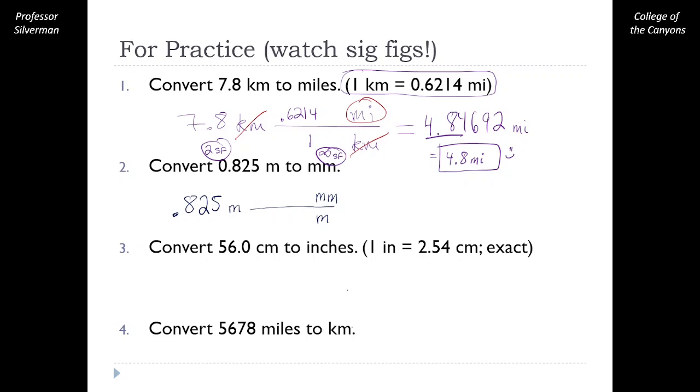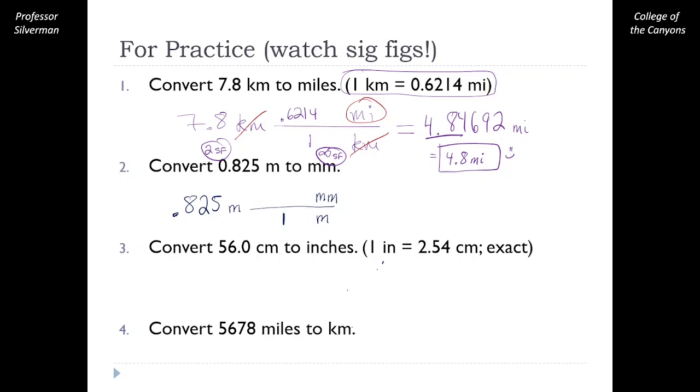Let's put a 1 next to our bigger unit. All right, now if we have one of those big meters, we're going to have to stack up a lot of those teeny tiny millimeters in order to be the same.